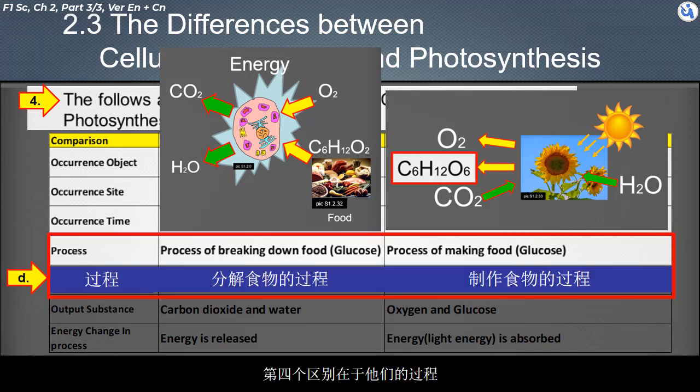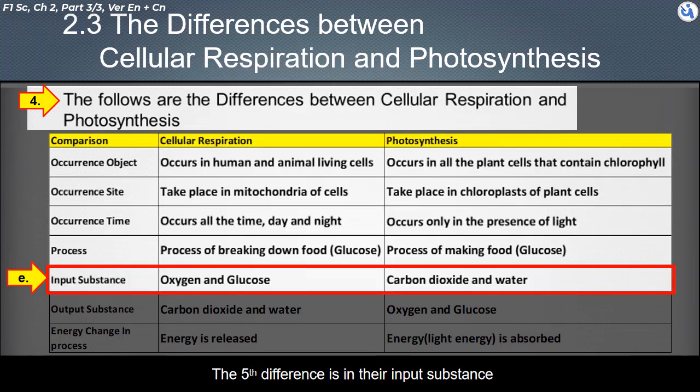The fifth difference is in their input substances.